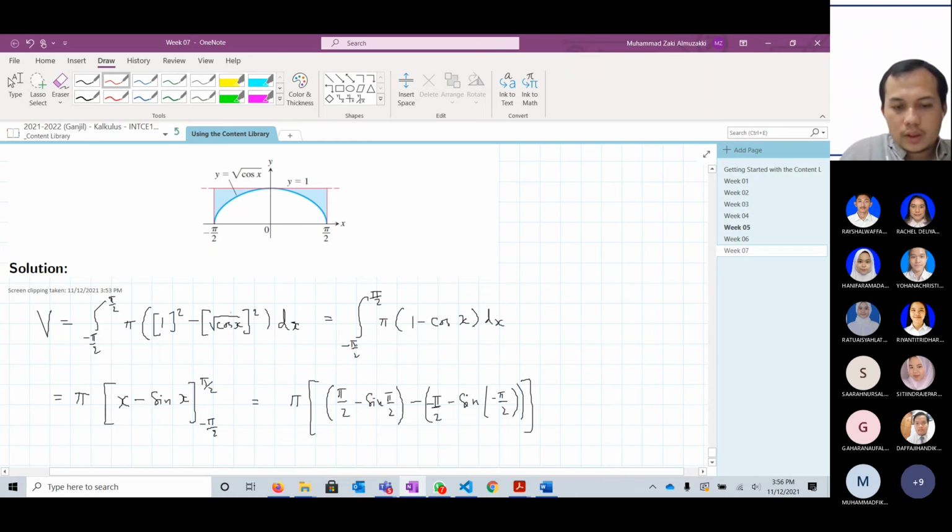Sine pi over 2 is equal to 1, and sine minus pi over 2 is equal to minus 1.